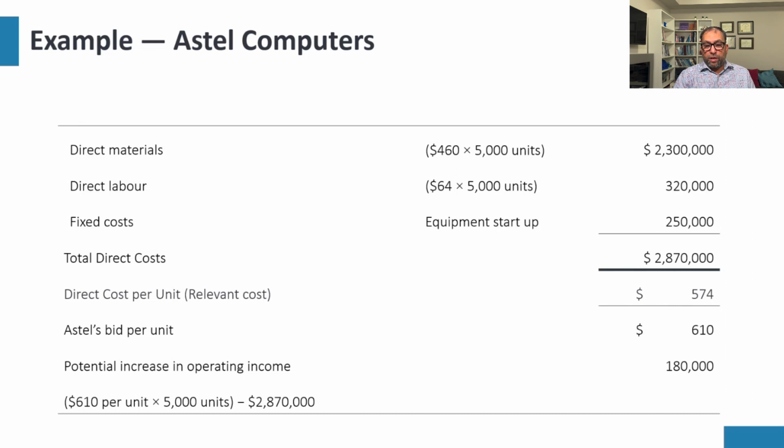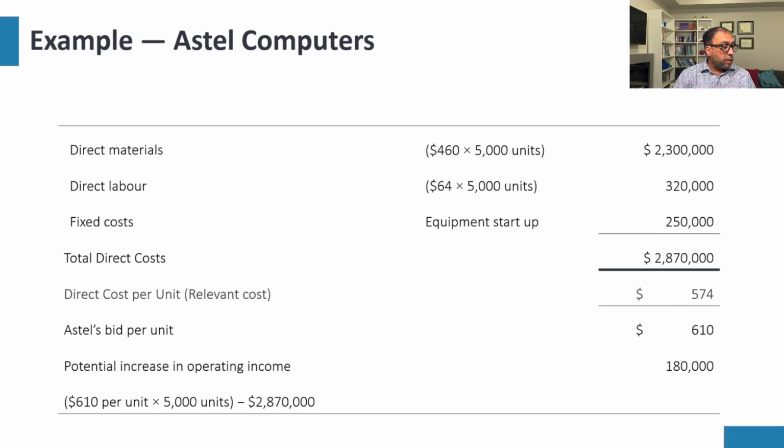So they know that the price should be in between because they want to win this contract, and for that they have to bid in a way that they are the least price bidder, so that the bid is going to be accepted. So they can bid any price above 574, because 574 is going to be their direct cost.